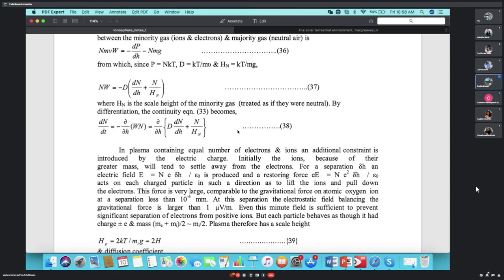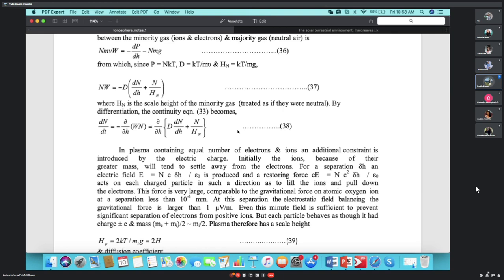Similarly here, the plasma is floating within the environment of say 90 kilometers to 1,000 kilometers or so.